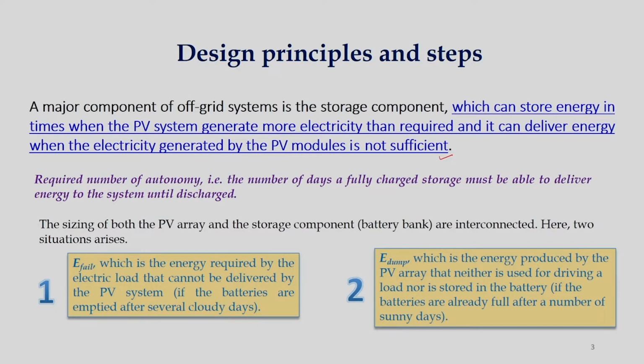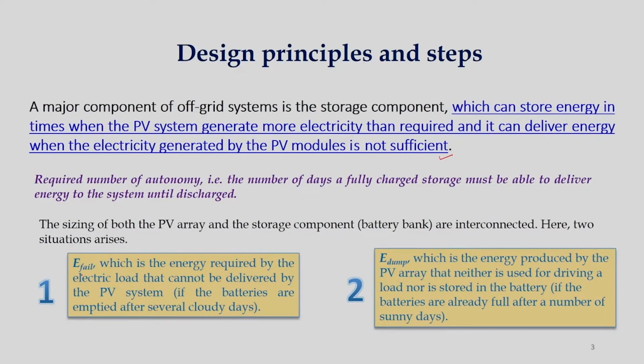As I said, this PV array, which is composed of many modules, and the storage components are interconnected. So, we must know two important terminologies. One is called E fail, which is the energy required by the electric load that cannot be delivered by the PV system. This happens if the batteries are emptied after several cloudy days.